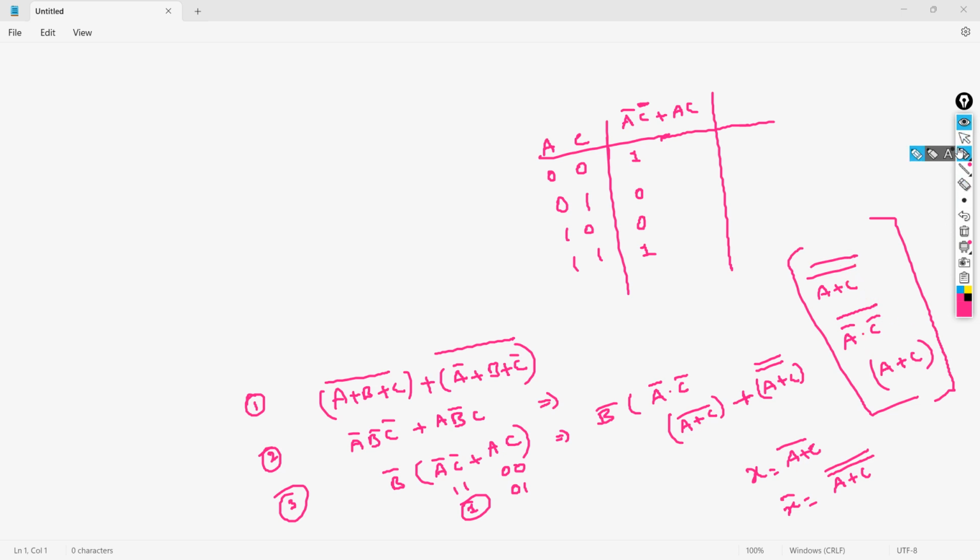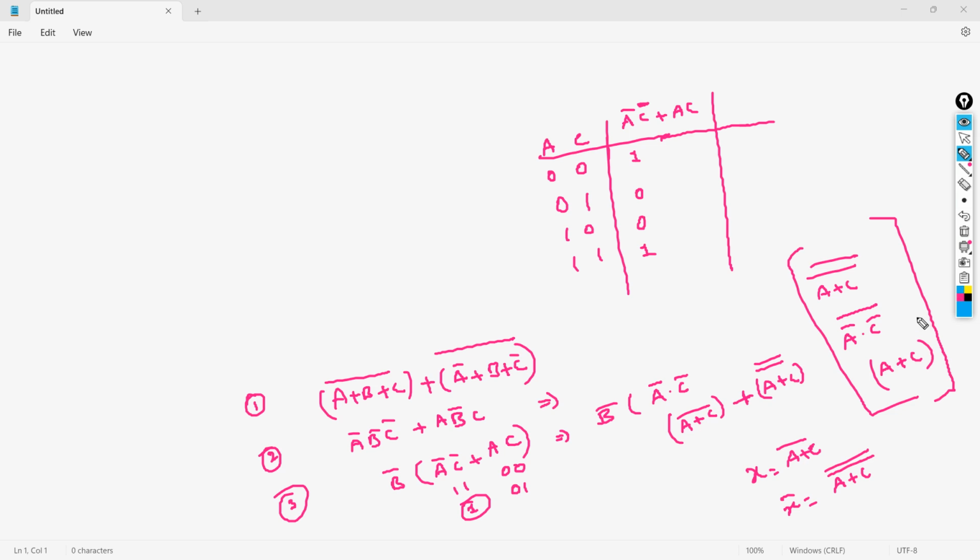I'm just trying to understand what is the way you have tried getting it. A plus C whole bar equal to, I have written here A bar individually dot C bar.